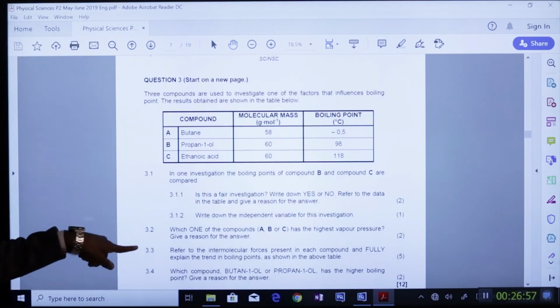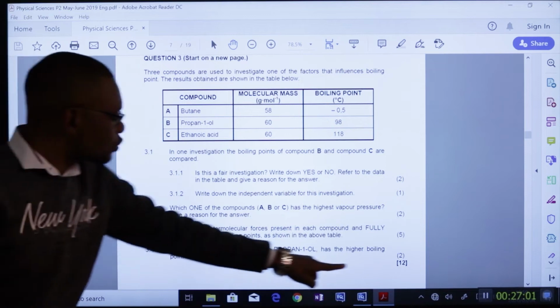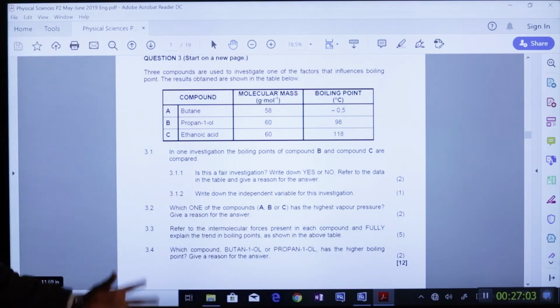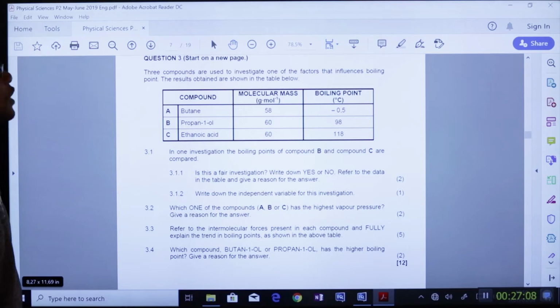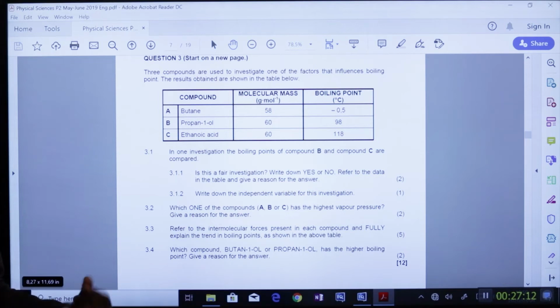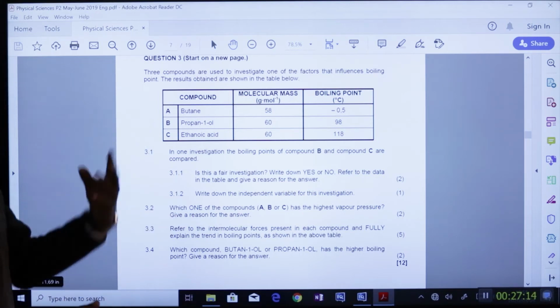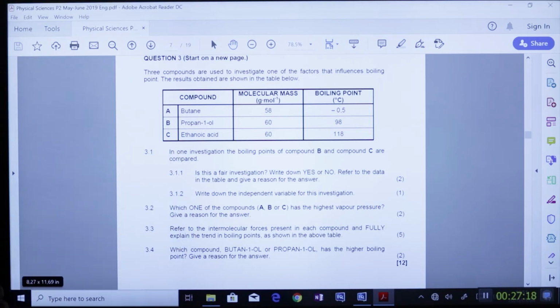Now the next part, let's move quickly to question 3, and as you can see, it has got only 12 marks. So you shouldn't struggle much, especially if you understand what's happening here, and you can obviously see that it's still talking about organic molecules. So let's study the organic molecules and see what exactly are we being asked here.